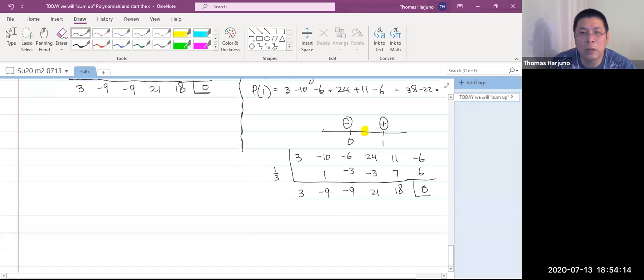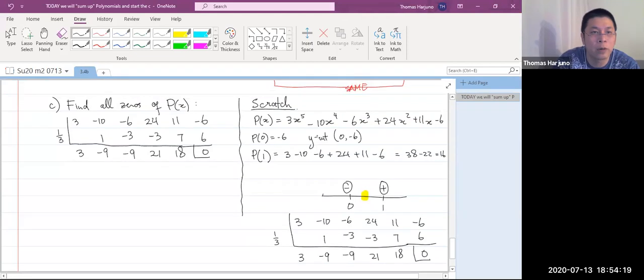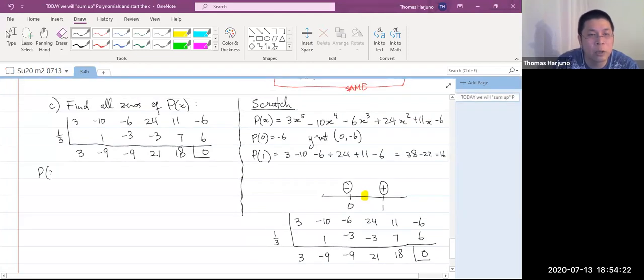So basically, if we look at this polynomial, we can say px equals x minus 1/3 times 3x to the 4th, degree 5 originally. Because I divide by x minus 1/3, I get degree 4, minus 9x cubed minus 9x squared plus 21x plus 18. Now, I will factor the 3 out. That helps us simplify the computation later on.